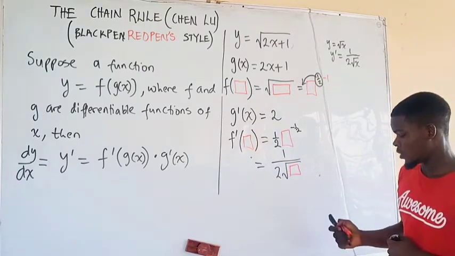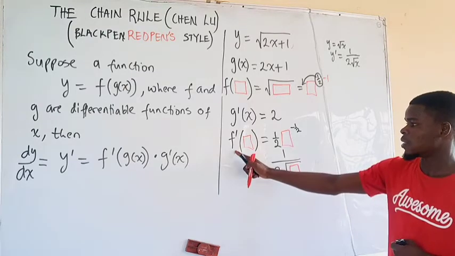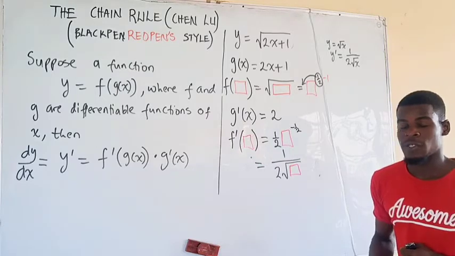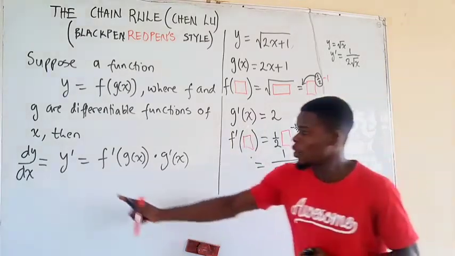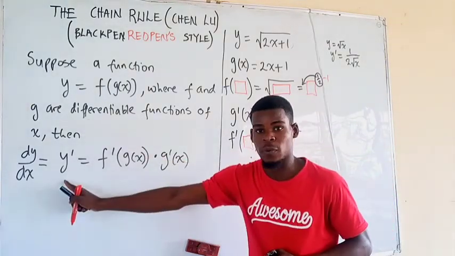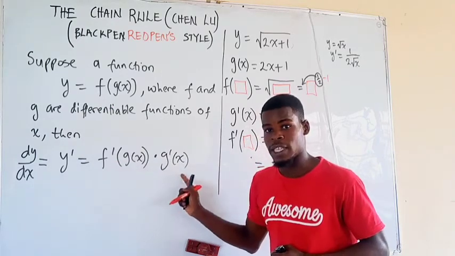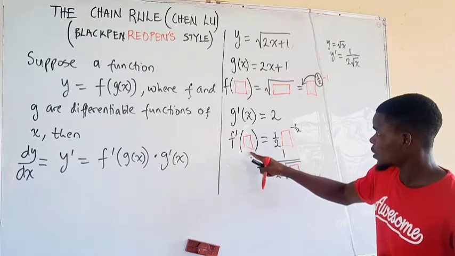Anyway, let's see what we've got. So this is the derivative of the outside function, and this right here is the derivative of the inside function. So when we have y to be that, the derivative of y will be this part times the derivative of the inside function. So I'm going to multiply this with that.